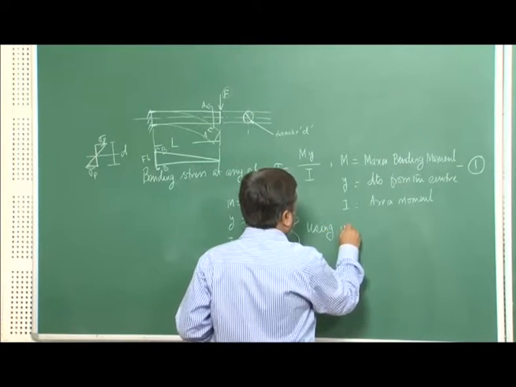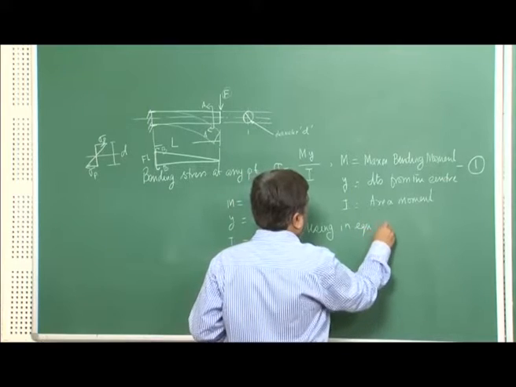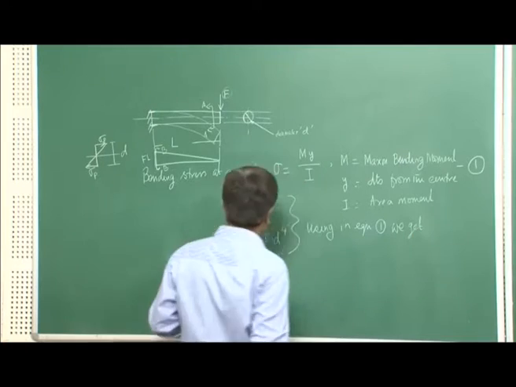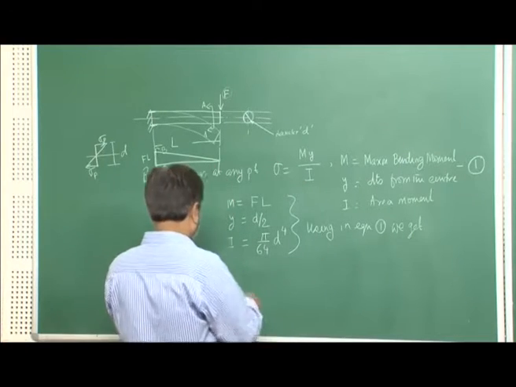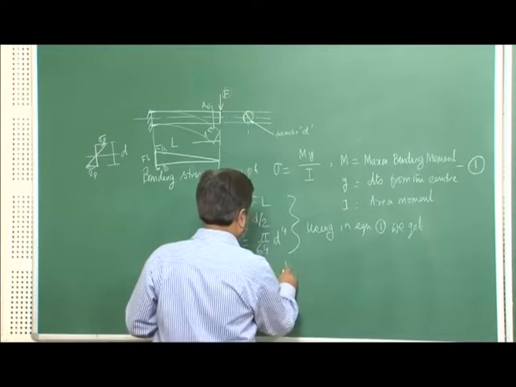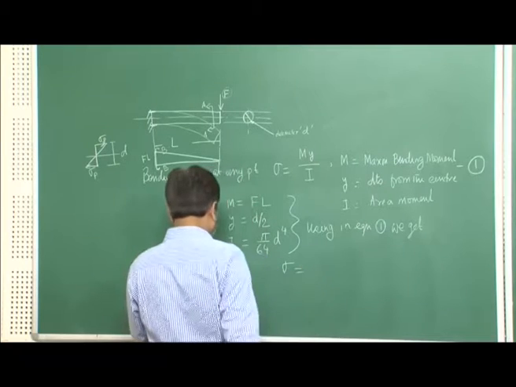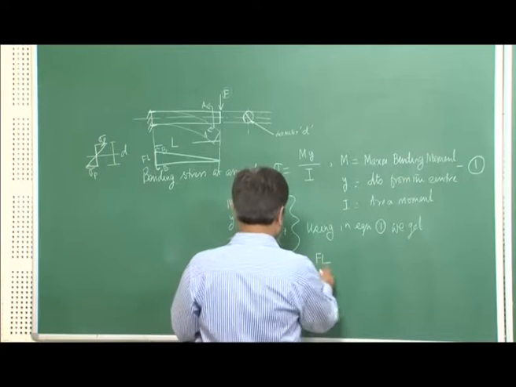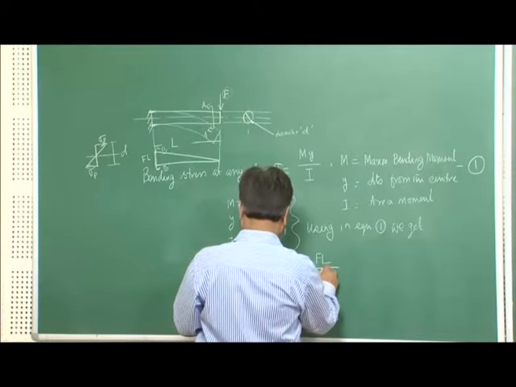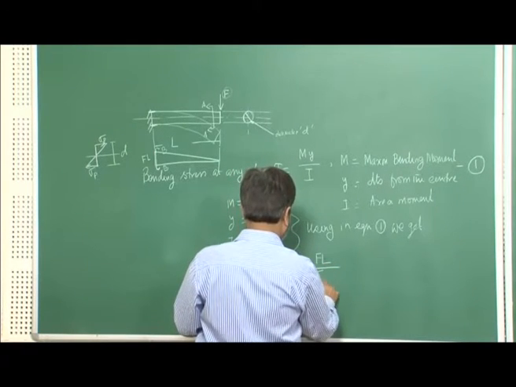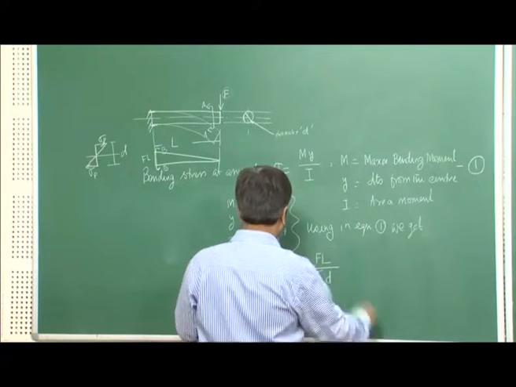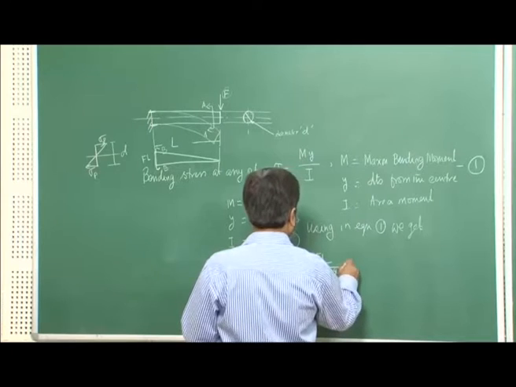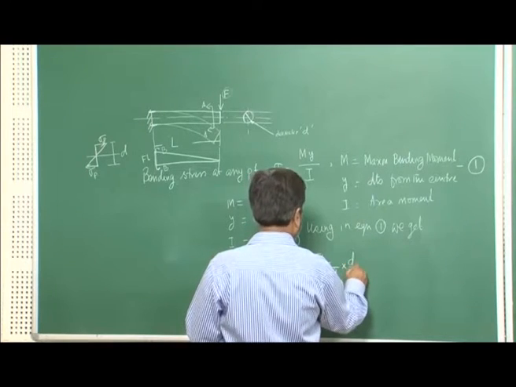in equation 1, we get the new relationship as a function of d: sigma equals FL over pi by 64 d to the power 4, times d by 2.